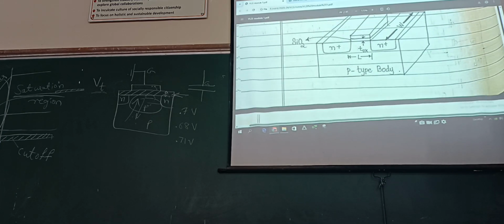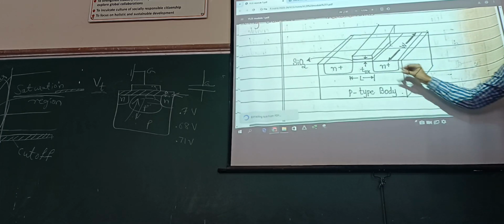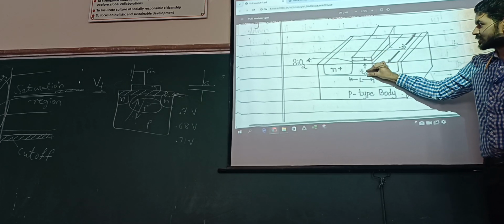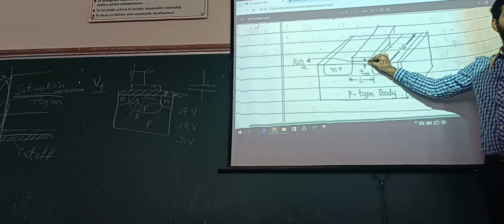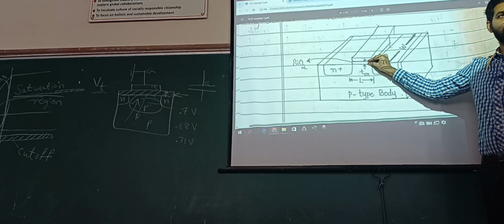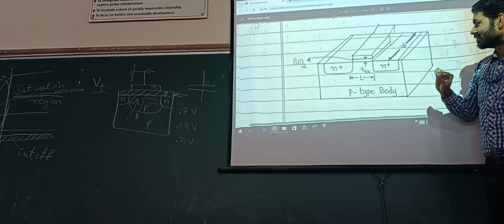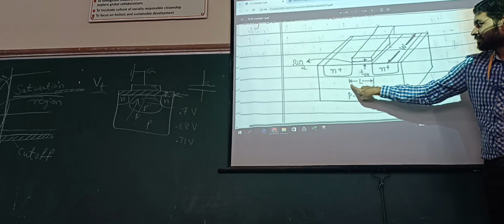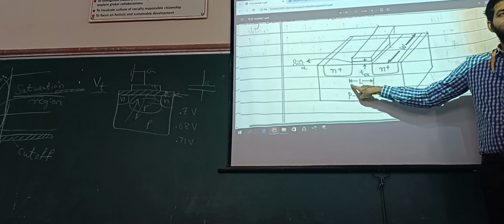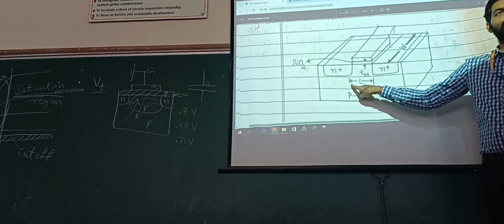This is the actual diagram. What is this? TOX. OX means oxide, T means thickness. Thickness of the oxide. Okay. What is this? L. Length of the MOSFET.